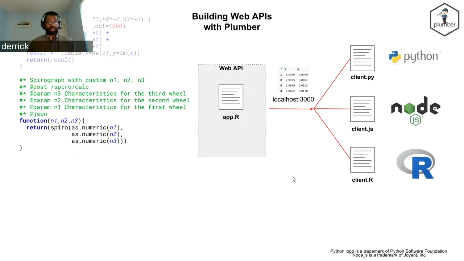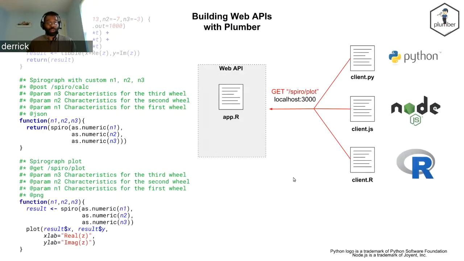Same thing with, we can create another endpoint that will send us back a picture of a plot. So in this endpoint, we're going to make a GET request, and it will be to the /Spiro /plot URL. And we're going to accept 3 input values, one for each of our N values.